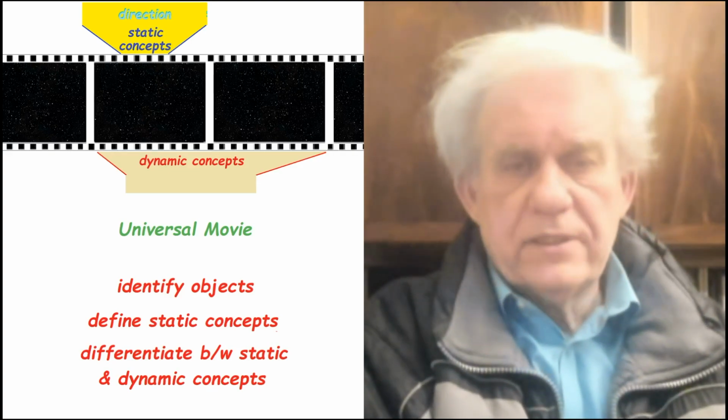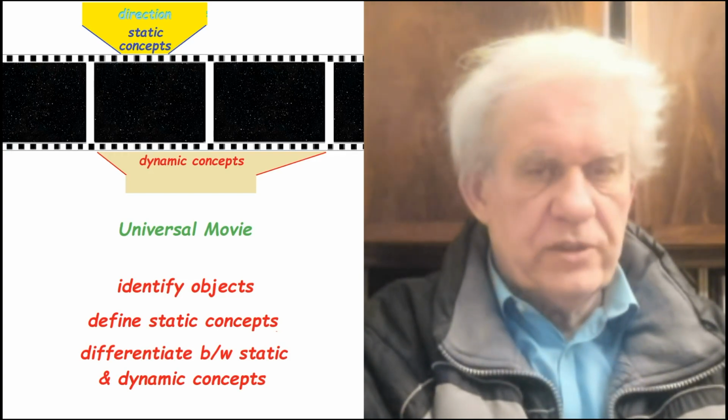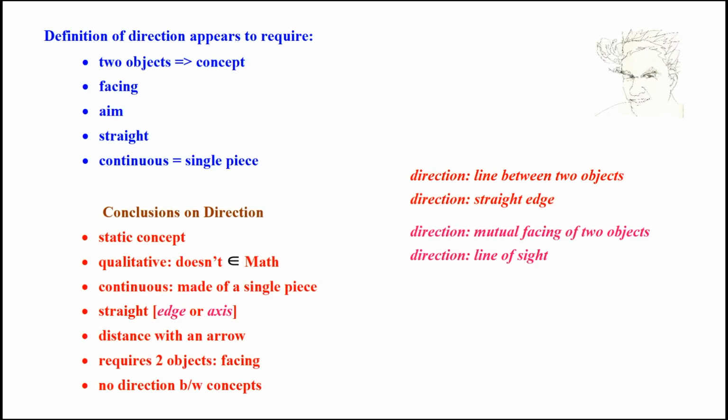And then I had to define direction, and this is the path I took in reasoning. These are the things that you need to define direction. You need 2 objects, which automatically makes it a concept, because the word concept is defined as a word that includes or embodies 2 objects. So that part's taken care of.